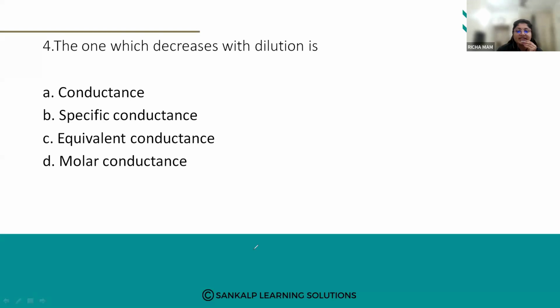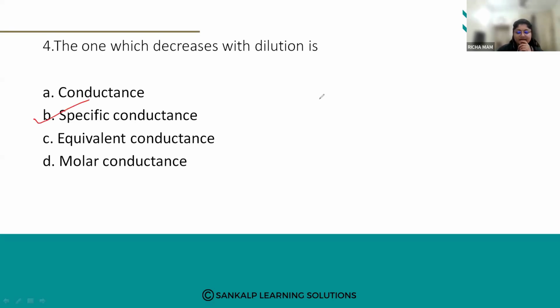The one which decreases with dilution is, okay, Sanjeevni has answered C, Baby has answered B, Shri Varuni has answered B. So what is the answer here? On dilution, the specific conductance will decrease, as we have just seen.